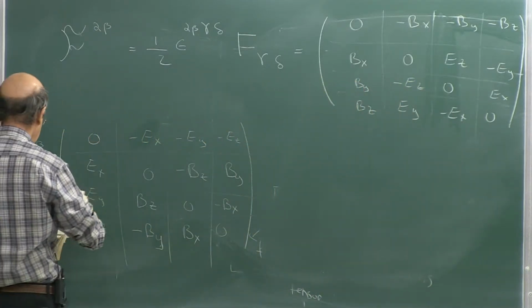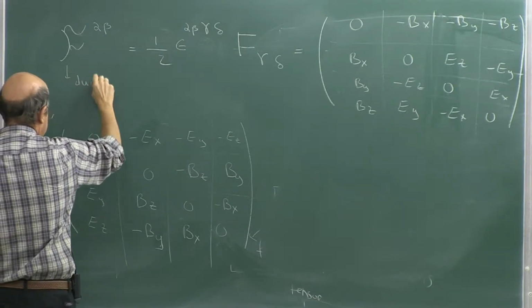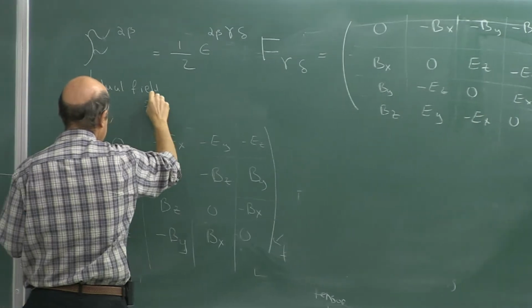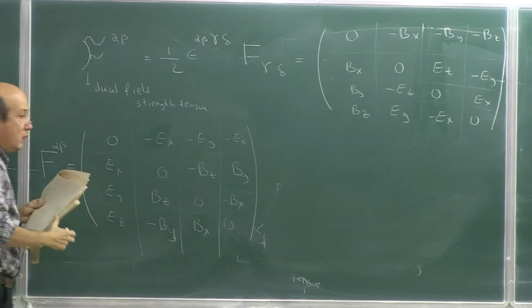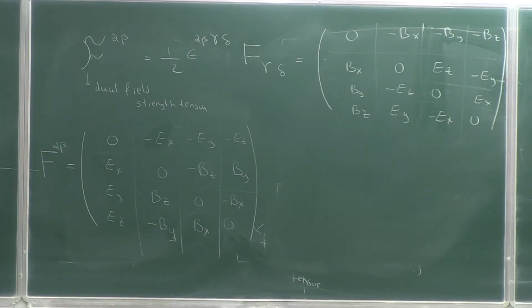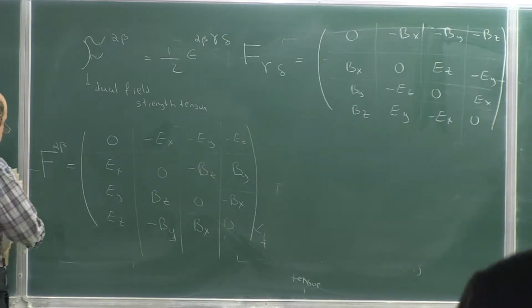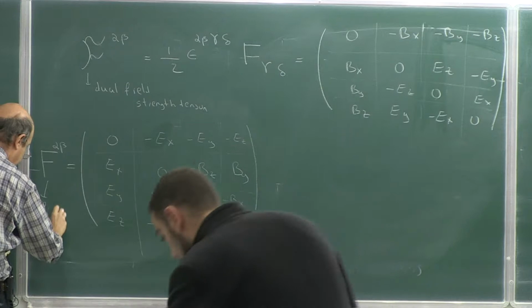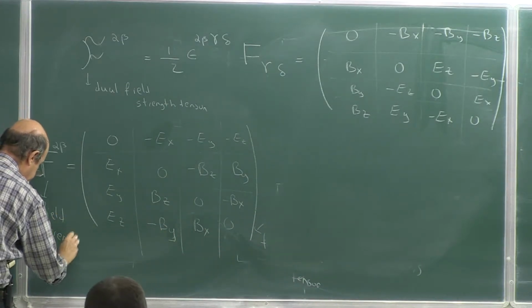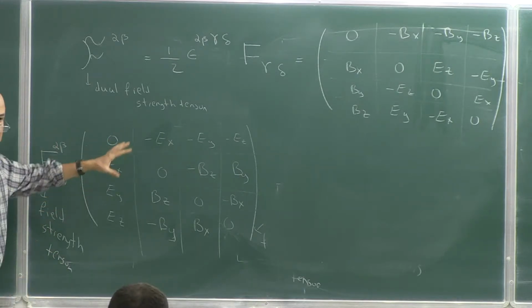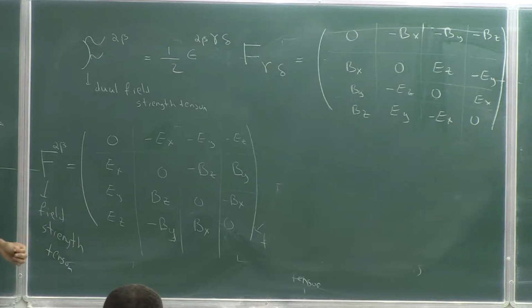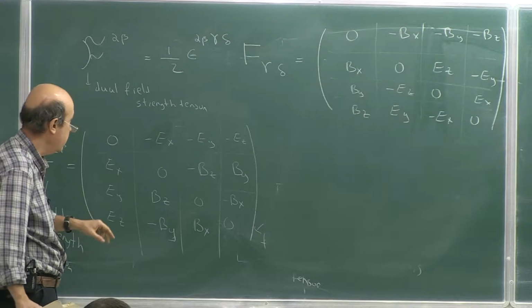So this is called the dual field strength tensor. What is changed if you make a comparison between the field strength tensor and the dual field strength tensor? What is changed? For this, when indices go up and down, E goes to minus E. But if you look at here and here, what is changed?